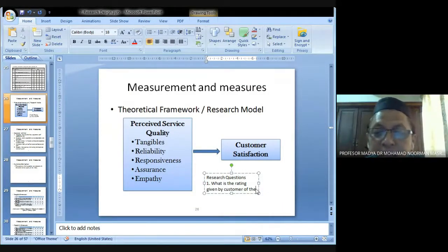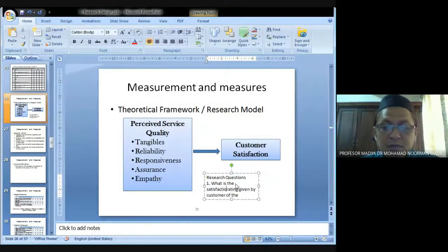What is the rating given by the customer of the services provided? What is the satisfaction rating given by customers of the library services?